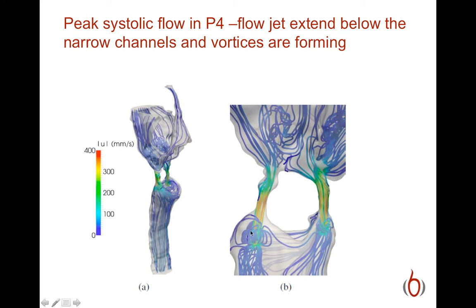And you see that the flow down here is quite complex. So in these simulations here, we weren't able to really resolve this properly like a DNS study, but definitely you see that the flow is highly complex.